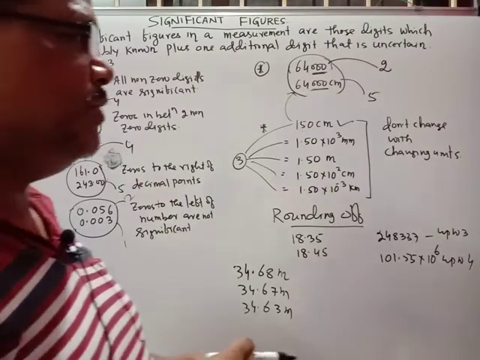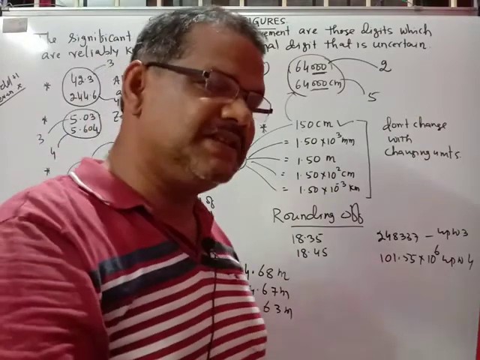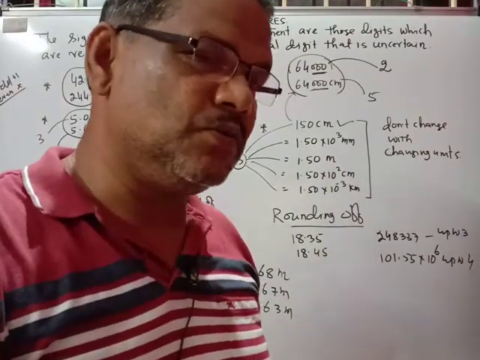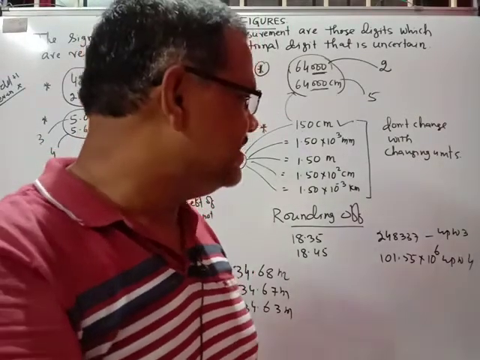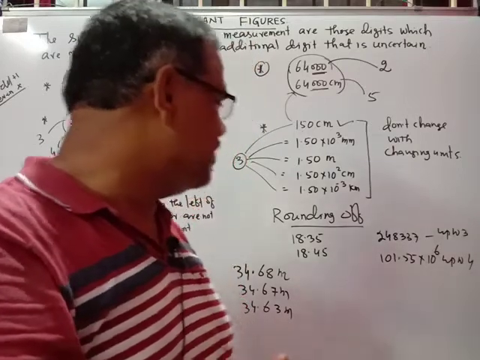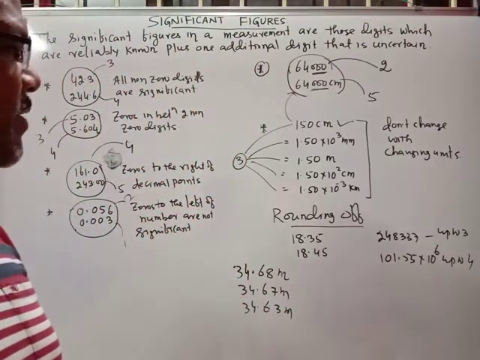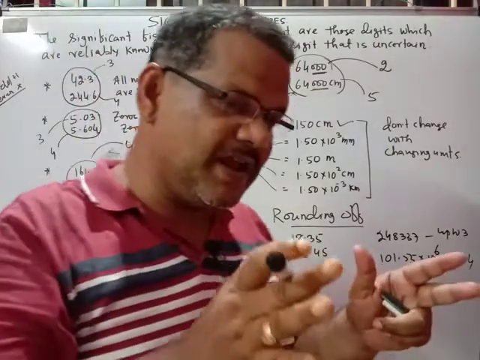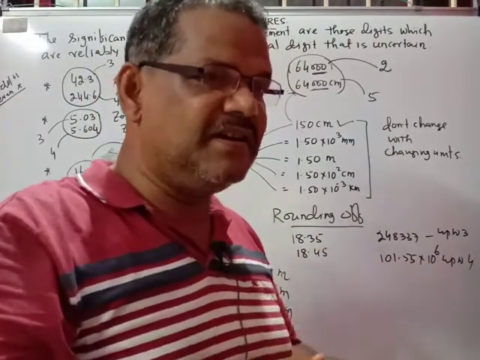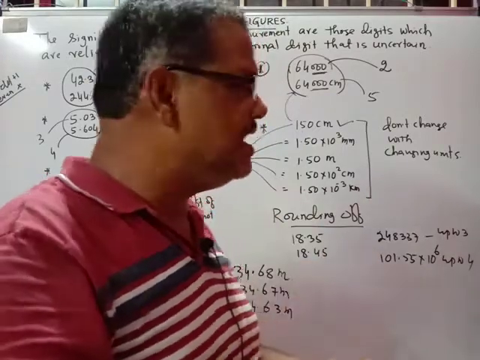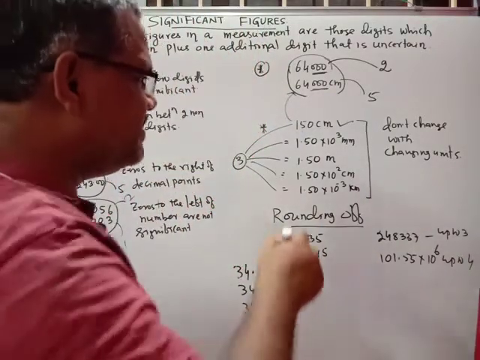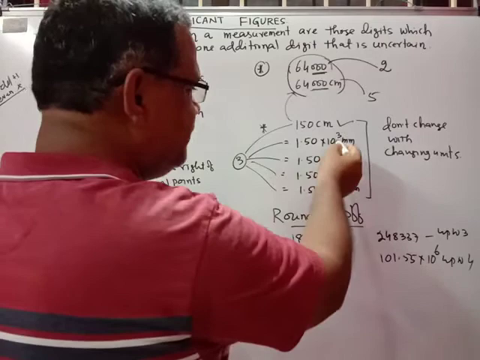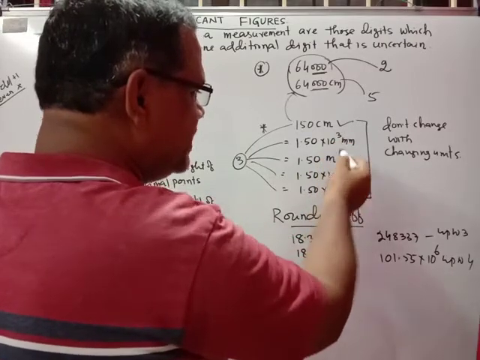That means if the unit is changed, the number of significant figures of the measurement will not change. It will be the same. An important thing I would like to tell you is that you have to write the measured value in scientific notation. In scientific notation, you find the power of 10, like 10 to the power 3, 10 to the power 2, 10 to the power 4.